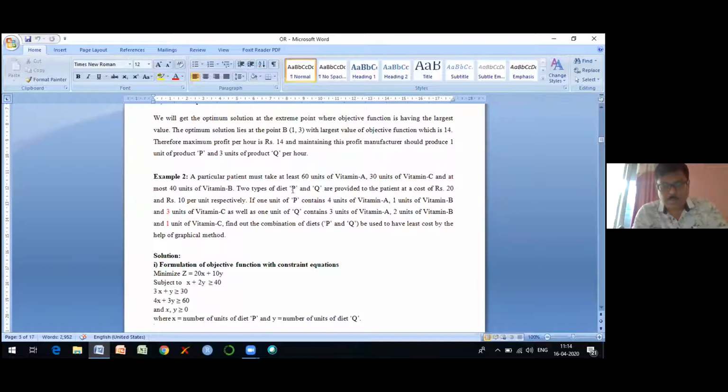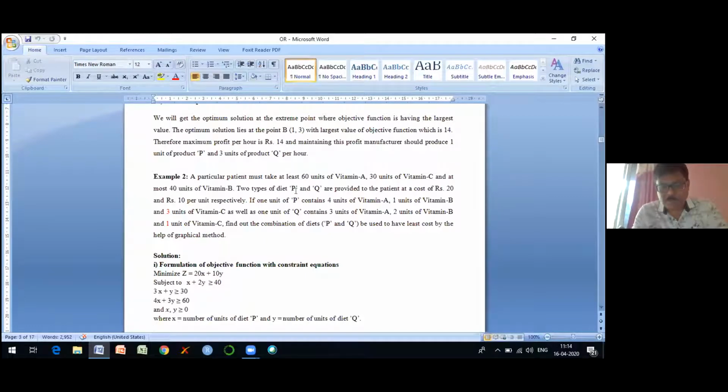So from food P and from food Q, we can get three types of vitamin. One is product P, and the other one is product Q. Here product means diet.